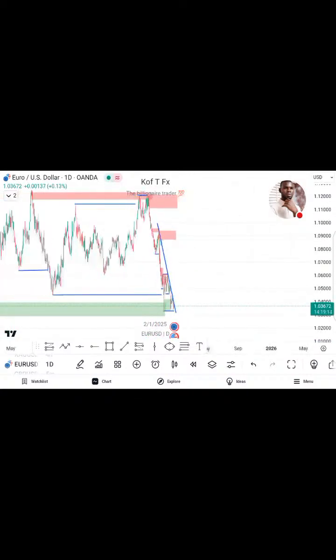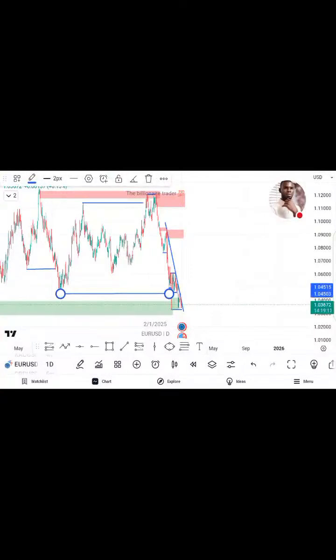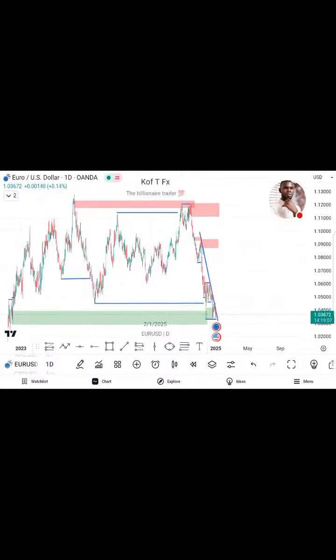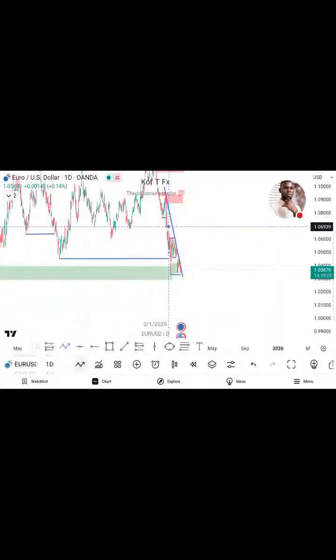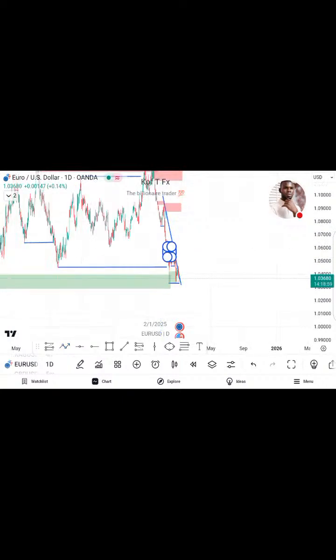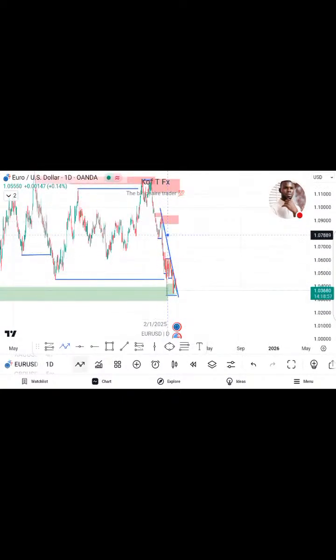We already have this break of structure here. We already have the break of structure here. So I'll be targeting somewhere around here or here. Then if I should get to that area, I'll be looking for another entry here, then targeting this low again. This is actually the buyers I have on Euro USD.